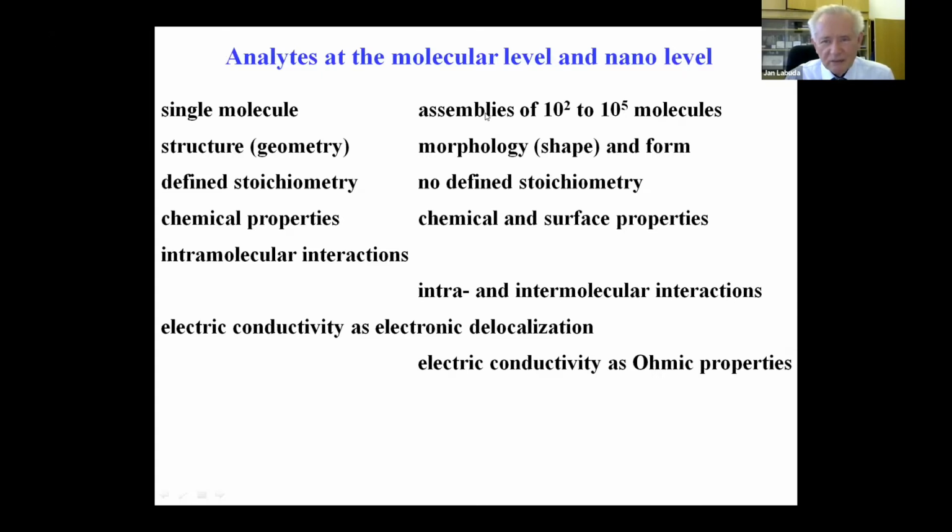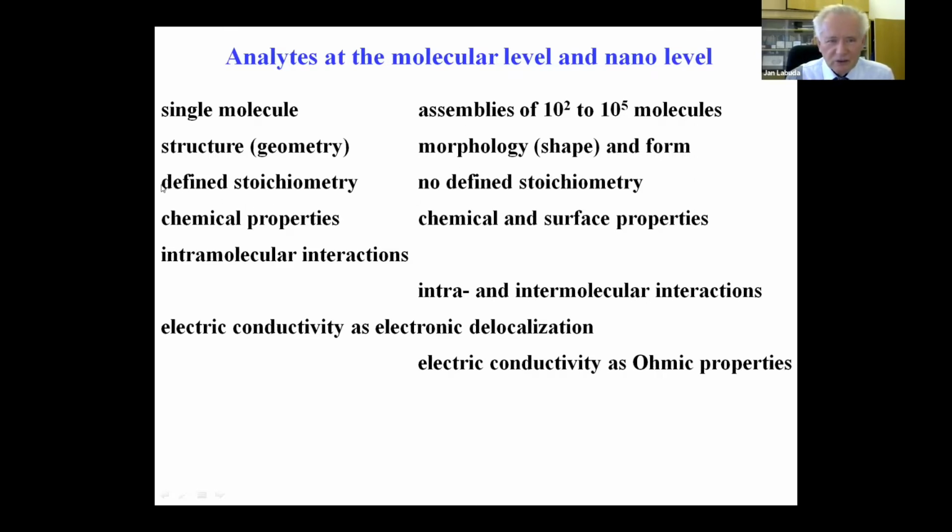In the case of nanomaterials, structure I have mentioned, we have assemblies of 100 to 100,000 molecules, while it's a single molecule at molecular level, the structure, it means geometry, is an important parameter. At nanoscale, we speak about morphology of nanoparticles and engineered nanomaterials.